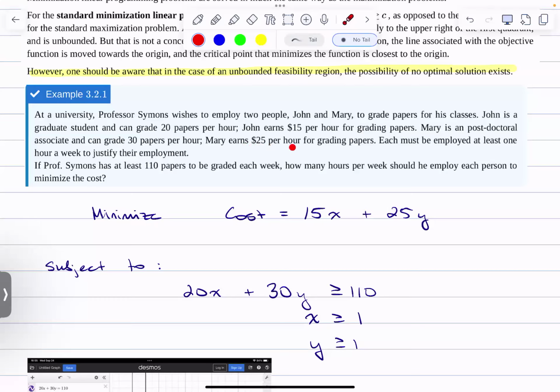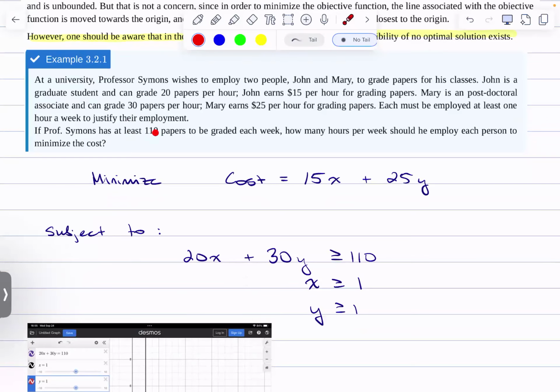Mary earns $25 per hour for grading papers. Each must be employed at least 1 hour a week to justify their employment. Now, if Professor Simmons has at least 110 papers to be graded each week, how many hours per week should he employ each person to minimize the cost?